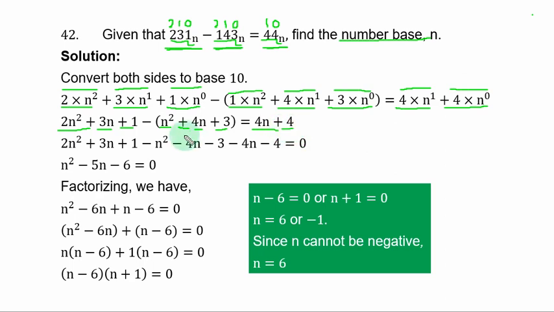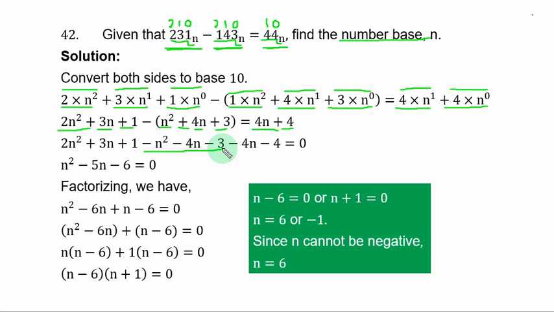We open the bracket with the minus sign, so we have 2n squared plus 3n plus 1. Minus times n squared, you have minus n squared, minus times plus 4n, you have minus 4n, minus times plus 3, you have minus 3.